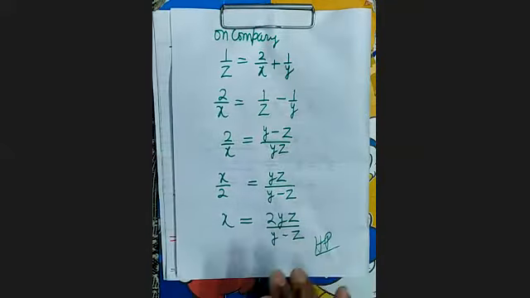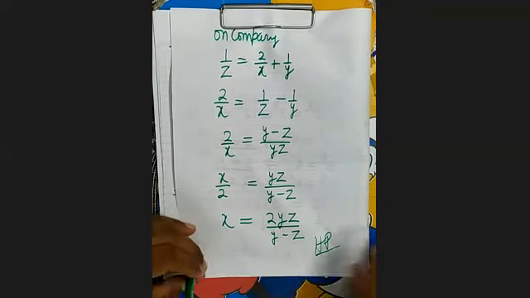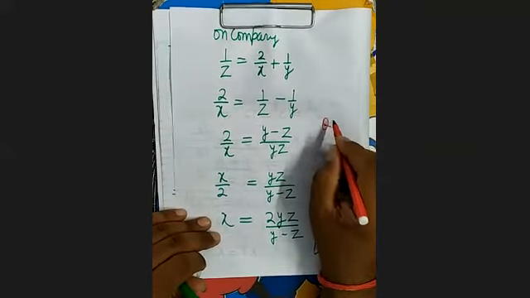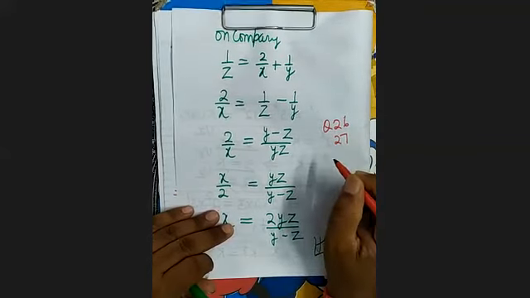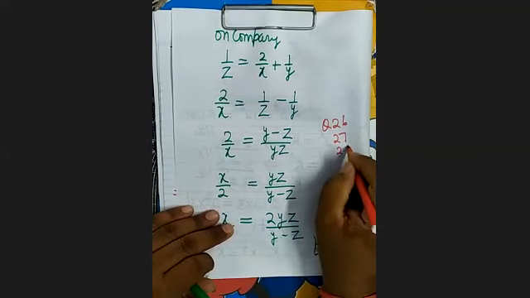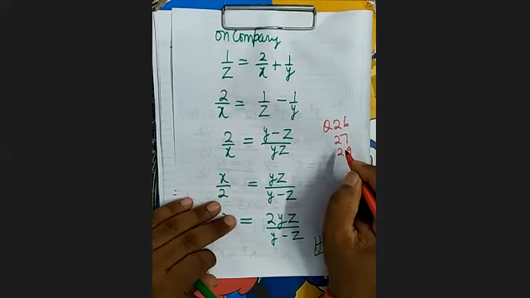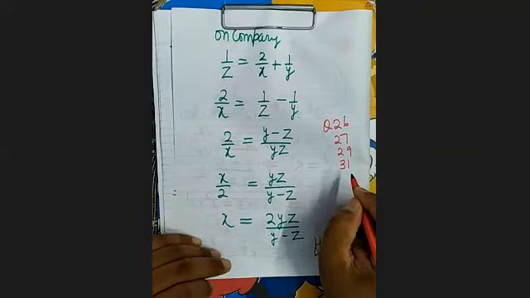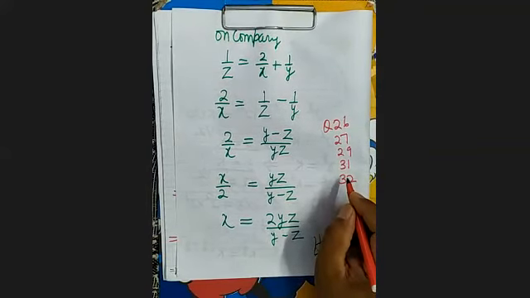So now you will do question number 26, 27. These questions you will do on your own. 26, 27, then 29. It's clear? Here 31, 32. These questions you can do very simply.